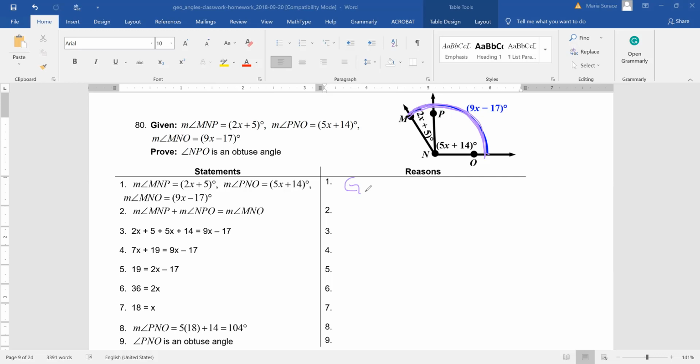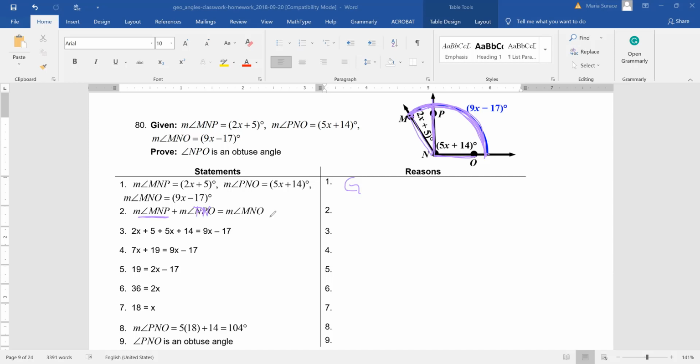Now we can work with our angle addition postulate because we know that this angle plus this angle will equal the whole thing. So angle MNP plus PNO will equal MNO.